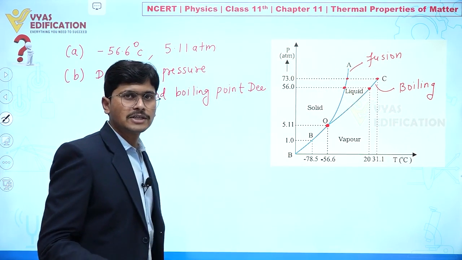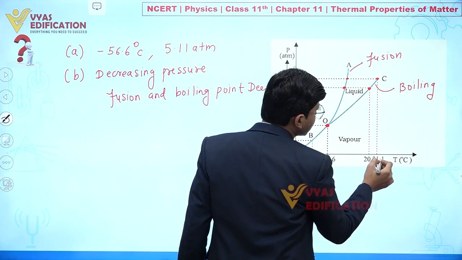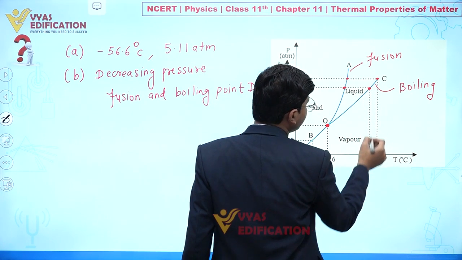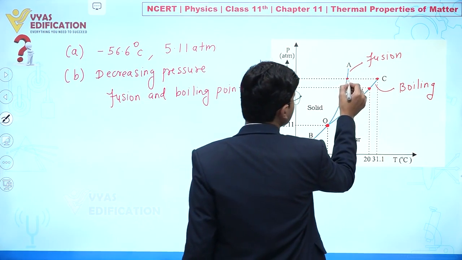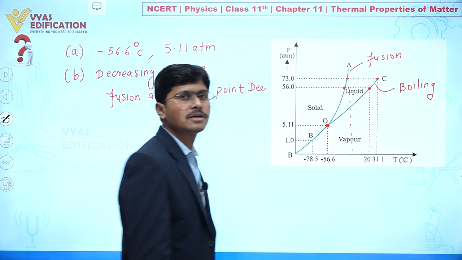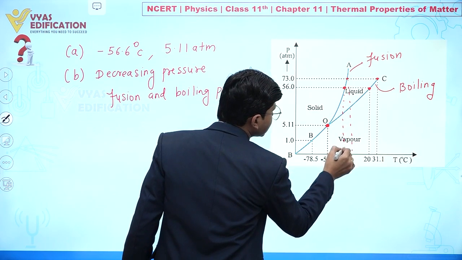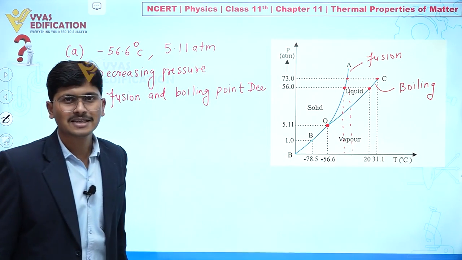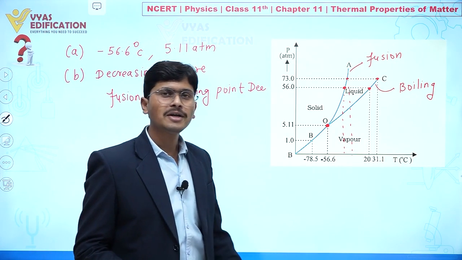You can say, actually what is the meaning of boiling point and fusion point? We can say initially we have 31 degrees Celsius, after that we have 20 degrees Celsius, because this is decreasing. Clear? Here you can say initially you have fusion. Clear? We can say that is the melting point, this one. Clear? And after that, if you are decreasing pressure, this value also decreases. Clear? So directly we know decreasing pressure, fusion and boiling point decrease.